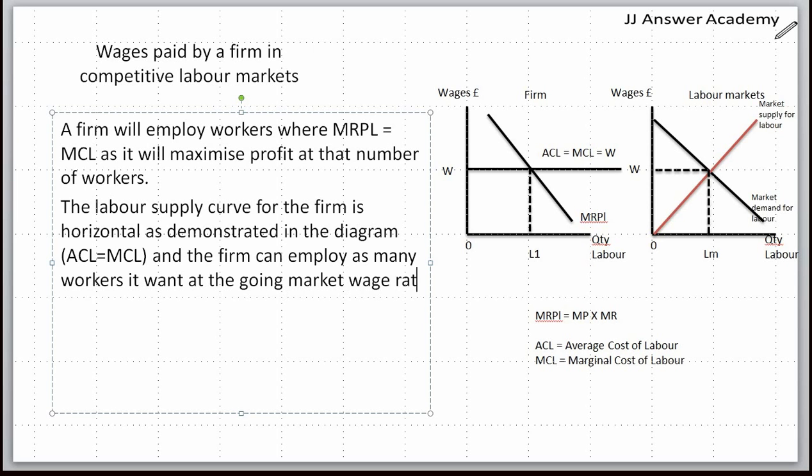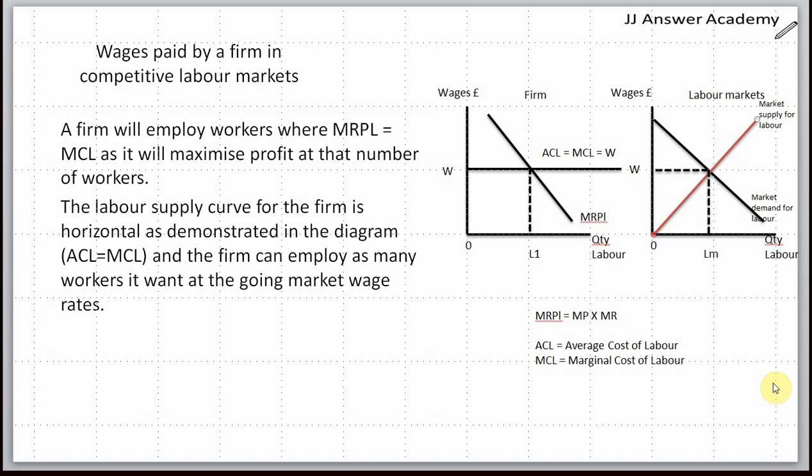market wage rates. Now I'm going to introduce another situation. Let's say the market supply curve moves to the right because of immigration, and I'm going to label this MSL plus. We've got immigration coming in. The new equilibrium would be wage 2.